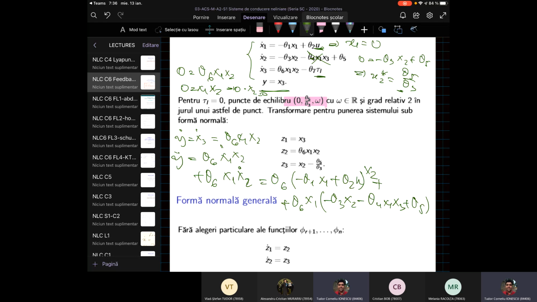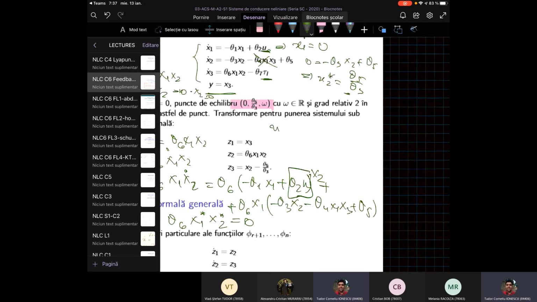And apparently, because u shows up here, theta 6 x2 times u equals 0 around this equilibrium point because x1 is 0, you see? So this is 0 because here you can have x1 star, x2 star. So, again, no u term.